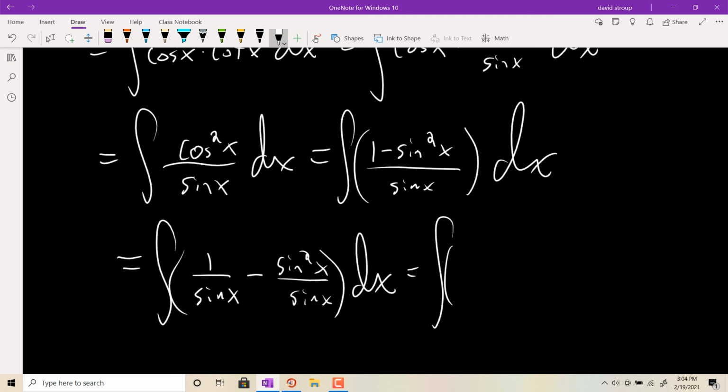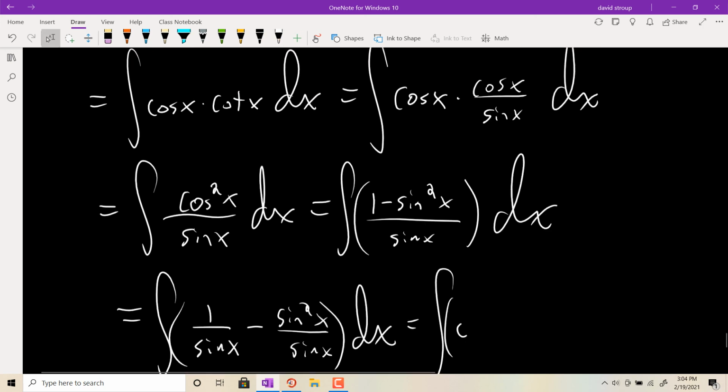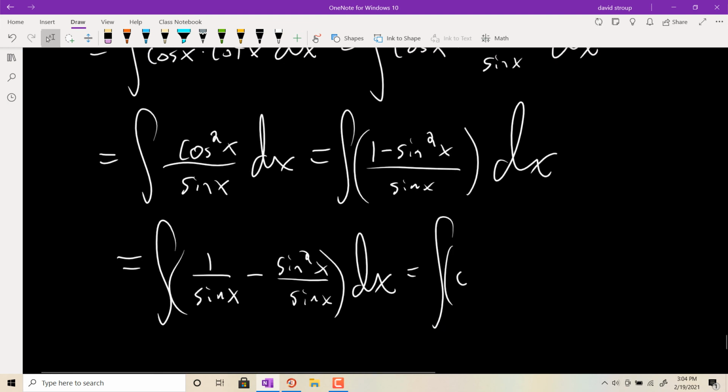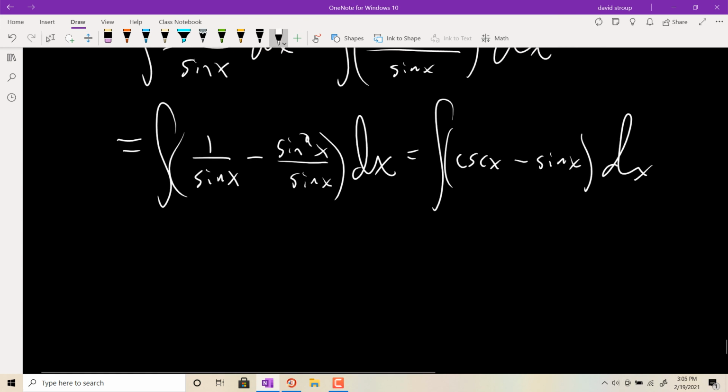So anyways, 1 over sine x is, well, I guess we kind of got back to where we started there. No, we didn't. 1 over sine x is cosecant x. Sine squared over sine is just sine x. Both of those are known. The first one's probably not all that familiar, the cosecant one. Of course, that's just negative ln absolute value cosecant x plus cotan x.